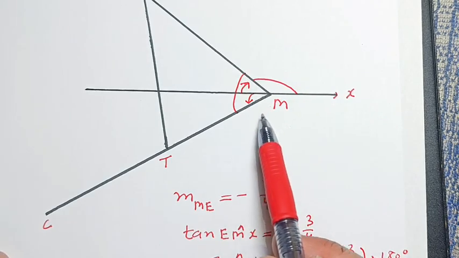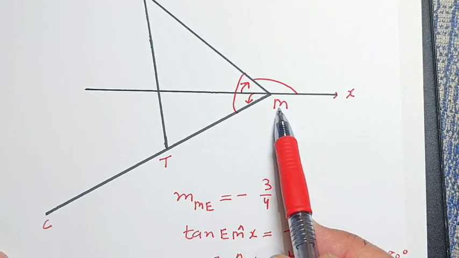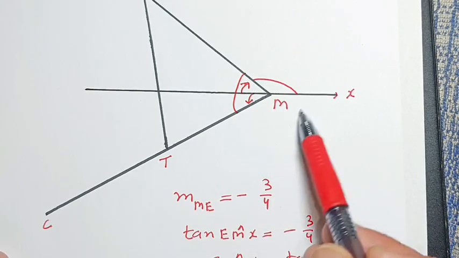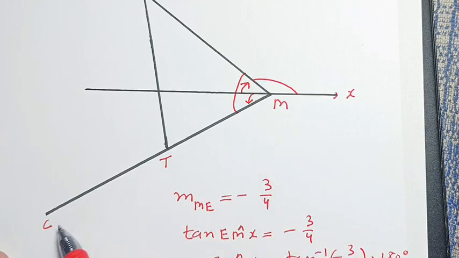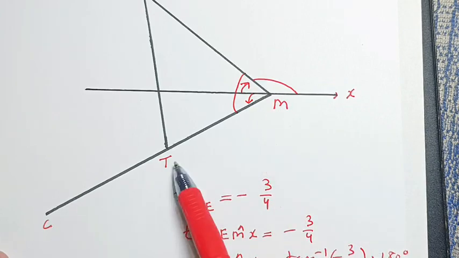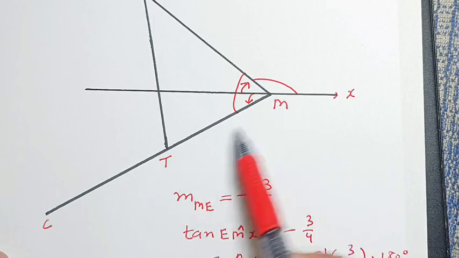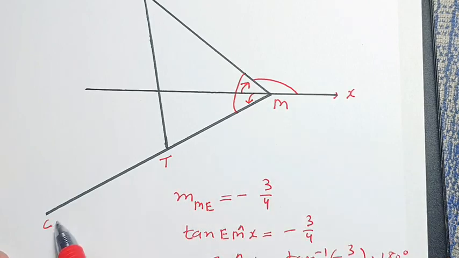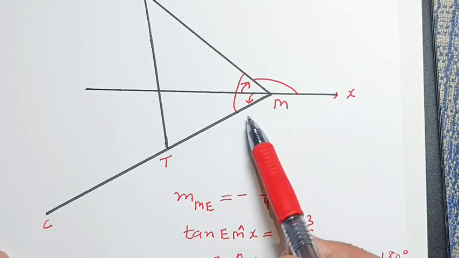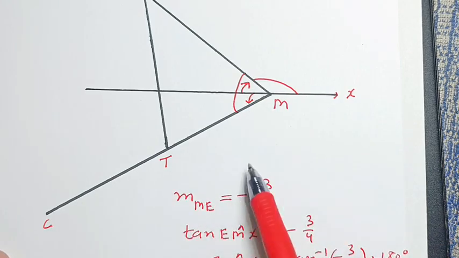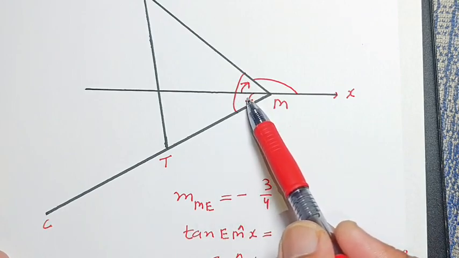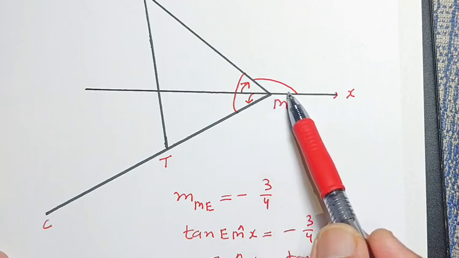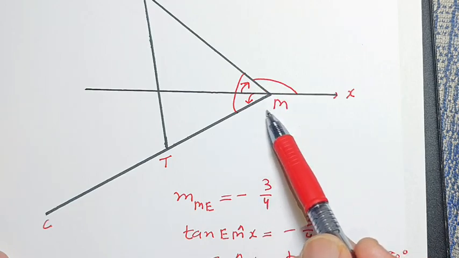The gradient of MC is equal to the gradient of MT, because they are collinear points. So on the whole straight line the gradient is the same. So with a gradient of 1 over 2, I can find the angle of inclination, and this is going to be anti-clockwise, because you can see it's going in the right direction.